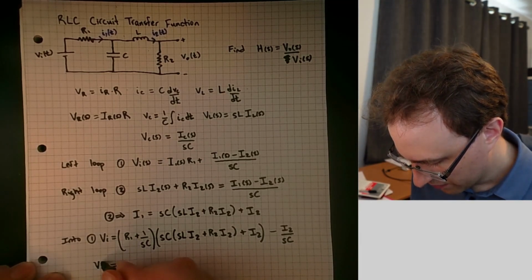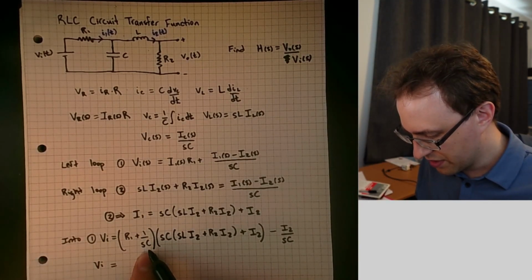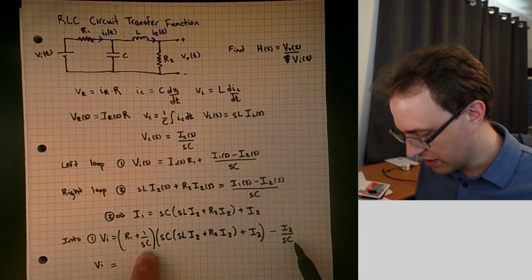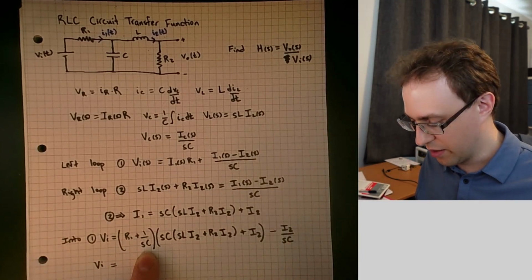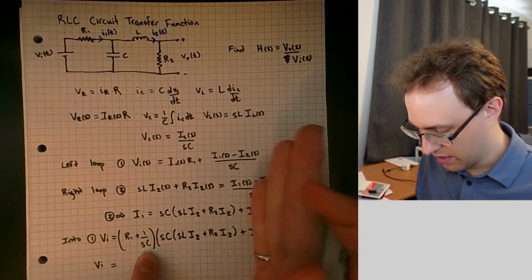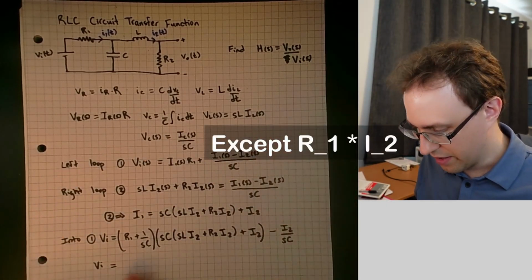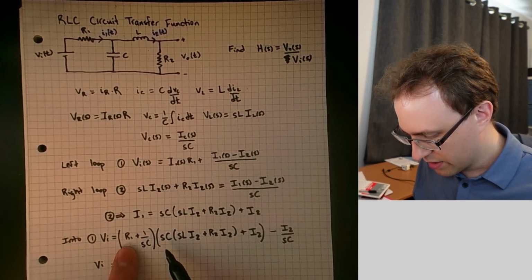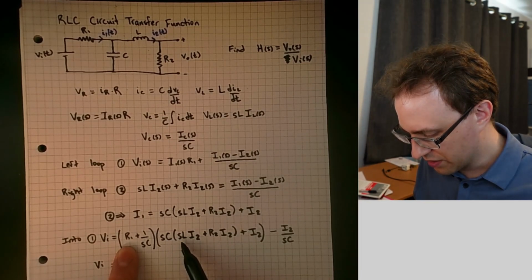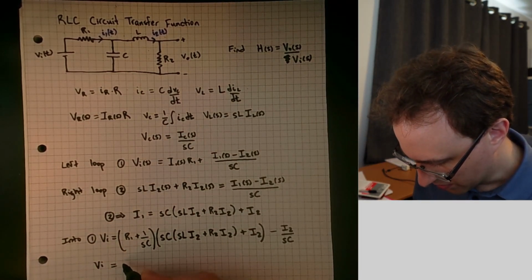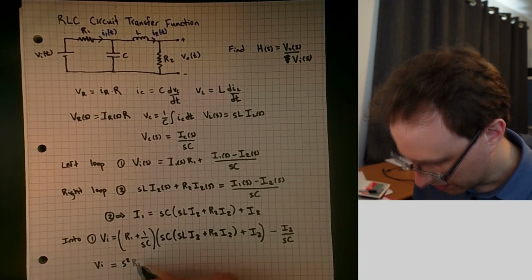So VI, first we can see that we get 1 over SC plus I2 minus I2 over SC, so those will cancel out. So all we have to worry about then is everything here to this side. So we get R1 times S squared LC I2. So I'll write that as S squared R1 LC I2.